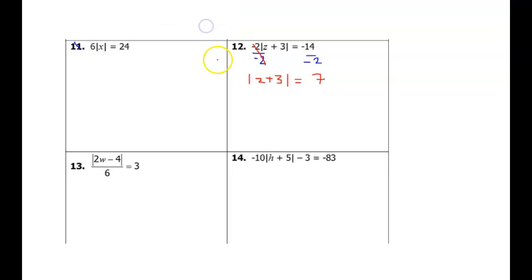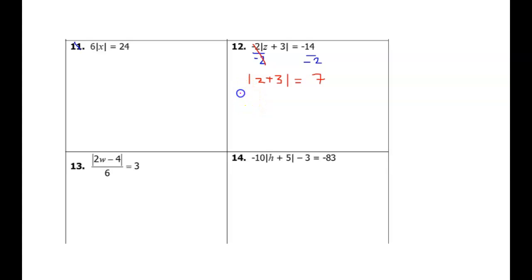Alex, now what was this step? After we go ahead and isolate, what do we do? What am I doing with what's inside? Yes. And first I need to take it out of the absolute value, guys.